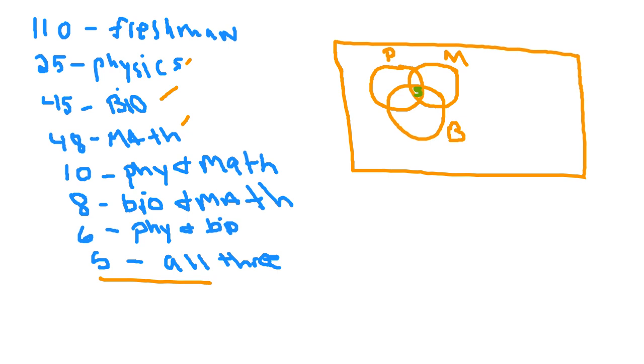They tell us 10 people took physics and math, but we already have the 5 that are sitting in here, right? So we can subtract these 5, and that's going to give us 5. So that 5 is going to go in this intersection. I apologize there. Let me try to make my circles bigger.